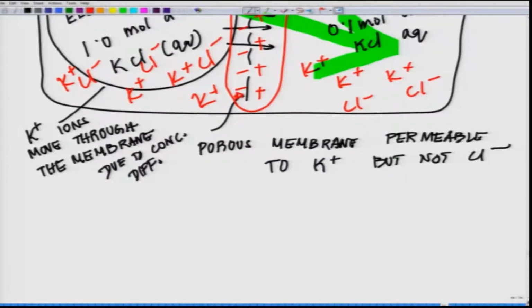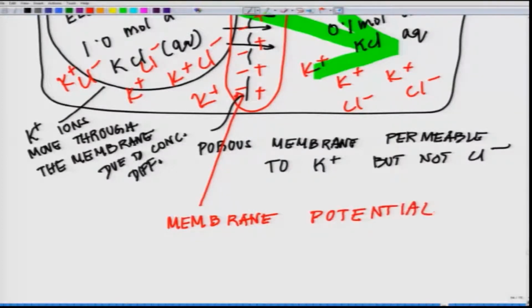So, this is the genesis of what we call membrane potential, and this word is our entry port to the world of biological cells. As of now, we have talked about half cells, which are electrochemical cells.